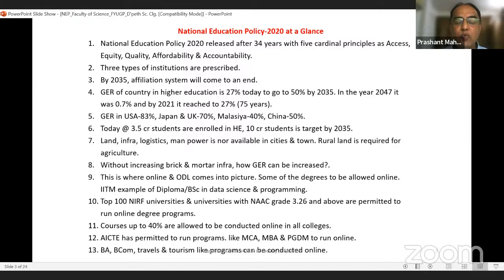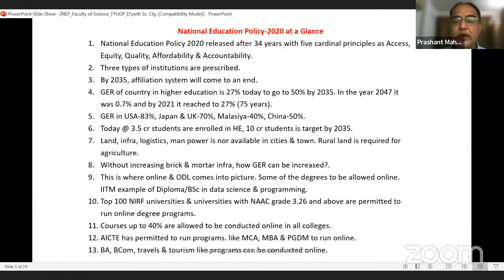And one more thing which has been prominently written in the national education policy, and has been told by the Honorable Prime Minister of India a couple of times, is that the gross enrollment ratio of this country, which is currently 27%, is to be taken to 50% by 2035. And in the year 2047, it was 0.7%. And by 2021, it reached around 27%, and maybe around 1.5% has increased by 2024.